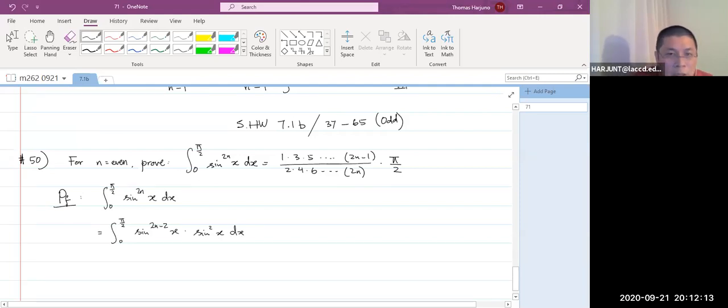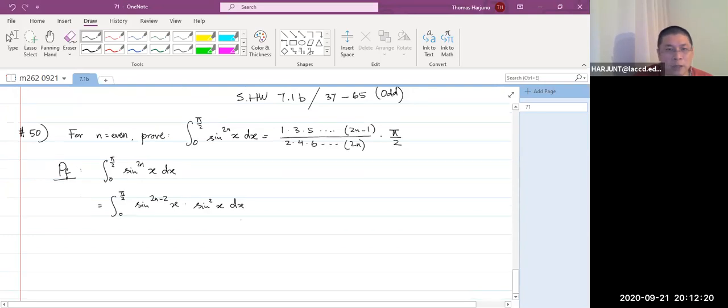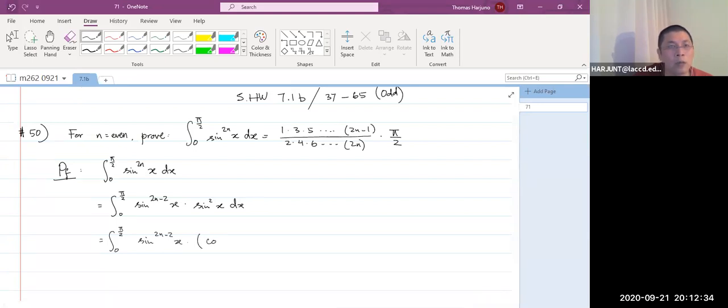So I take sine squared x out. And then I modify this to be sine to the 2n minus 2 of x of 1 minus cosine squared x dx.